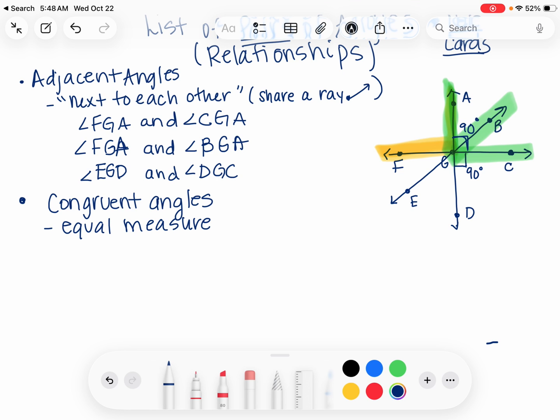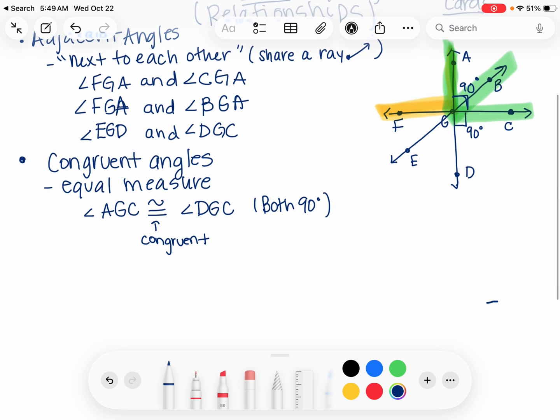So in this case, you see the both angles that are 90 degrees. You would say, well, angle AGC is congruent to, and the symbol we're going to use is this equal sign with the squiggly line on the top. This symbol means congruent. Angle AGC is congruent to angle DGC. Why? Well, because we know they're both 90 degrees, right? They're both 90 degrees. Okay.